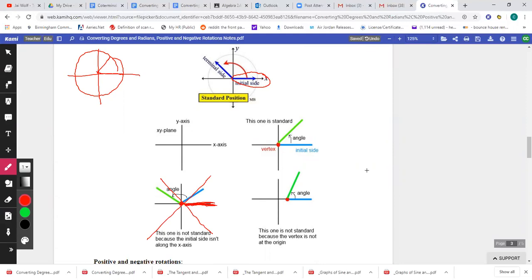The second thing that you need to do in trig when you draw an angle is the vertex always has to be at the center, at 0, 0. So this angle down here is not appropriate because this point is not at 0, 0. So in trig, all of our angles start at 0, 0, and the first side is always here.